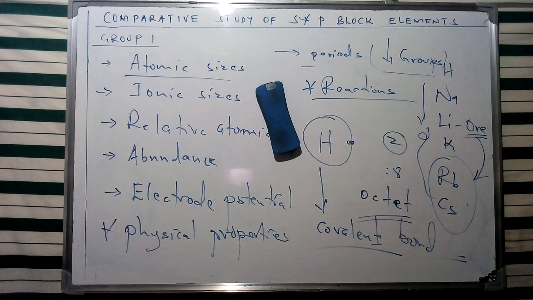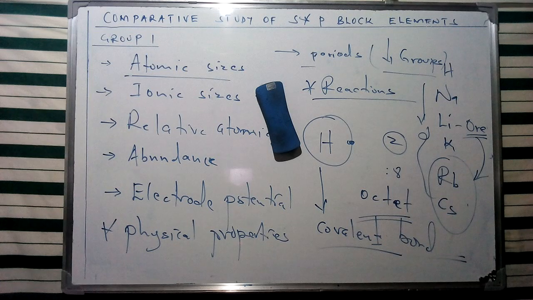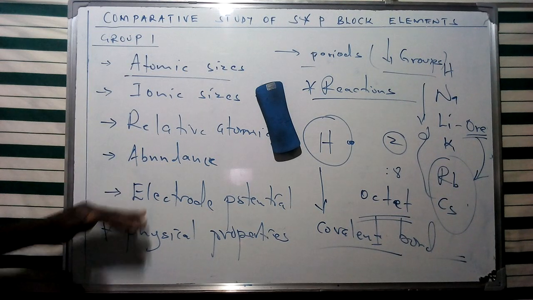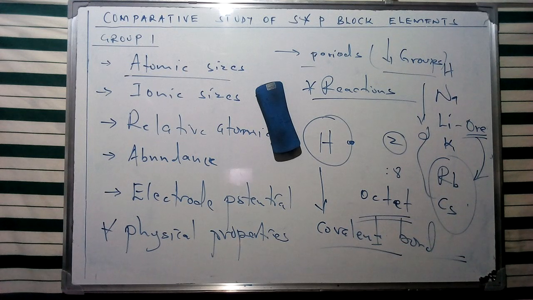Basically, this is a summary of what we're going to deal with. And of course, we're going to look at specific examples, especially on the concept of reactions. I shall also give a comparison of atomic sizes, ionic sizes, abundance, perhaps electrode potential, and the relative atomic masses of various elements as we go.